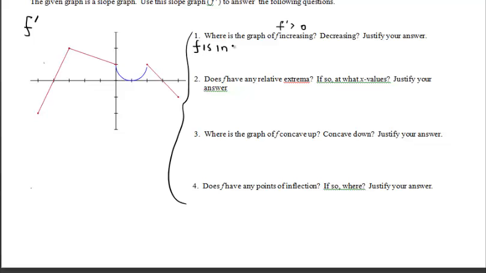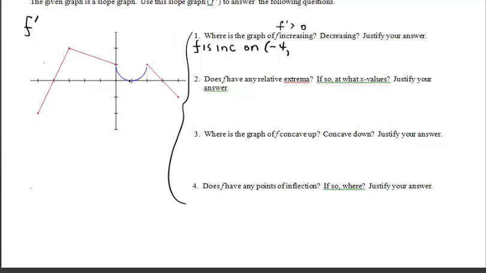So let's answer in a complete sentence. F is increasing on, and it's totally above the x-axis everywhere except at x equals 1 where it's on the x-axis. So f is increasing on, and let's count, 1, 2, 3, negative 4. I can include 1 here because even though we have a 0 slope, a graph can still be increasing at a 0 slope.